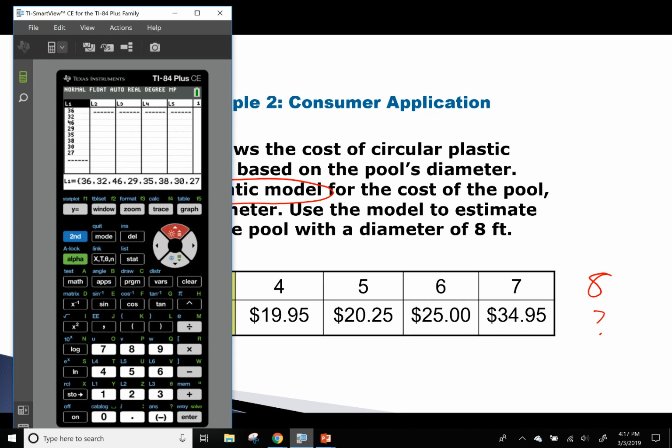So it deletes the entire list. Do that same thing here, Clear and Enter. And I'm going to type this in. I have 4, 5, 6, and 7 for my X values, and then 1995, 2025. I'm just going to type it in.